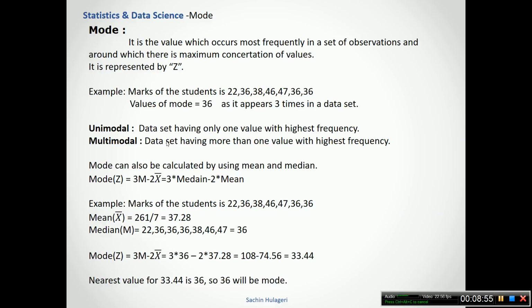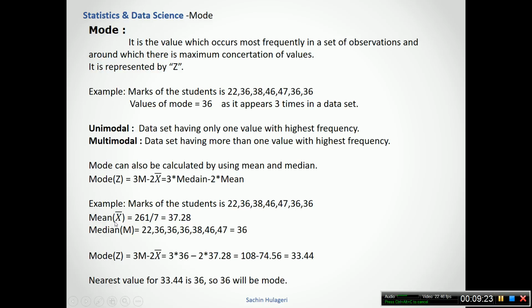Mode can also be calculated by using mean and median. Mode, represented by Z, is 3 times the median minus 2 times the mean. Let's see the student's example we used here: 22, 36, 38, 46, 47, 36, 36.